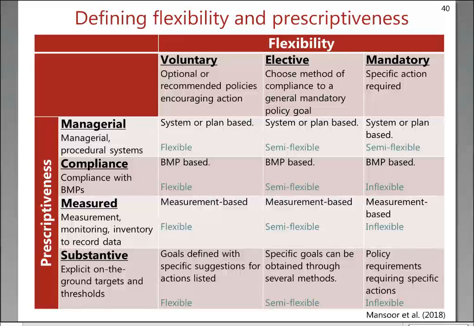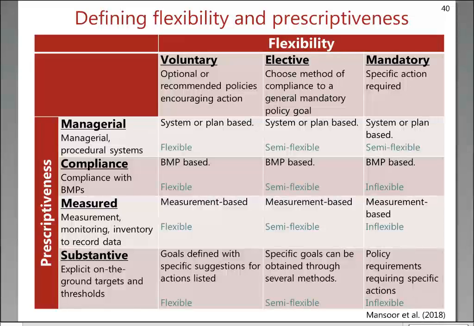It can be voluntary systems, or they can be mandatory, or they can be in between. They can be elective, which is what the Swedish forest legislation could be said to be at the moment. It means that goals are set for what should be achieved, but no specific pathway is required to achieve those goals. So they are to be decided by the forest manager.